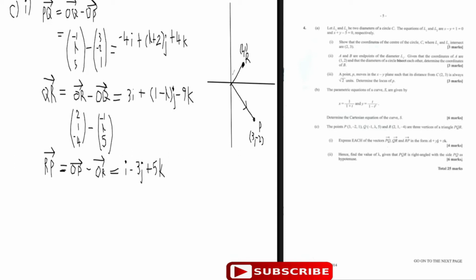Well, actually, Q is minus 1, lambda, so Q will be somewhere over here. Let's say Q is right here. All right, let's say this is Q.